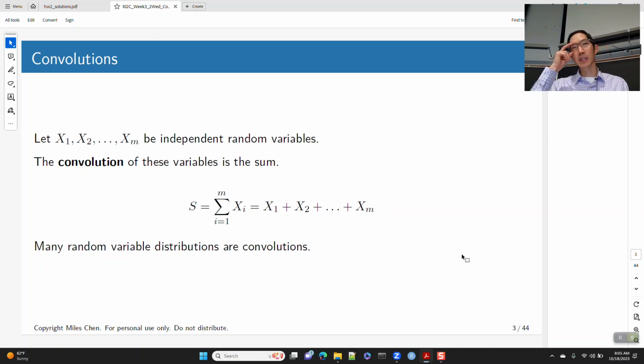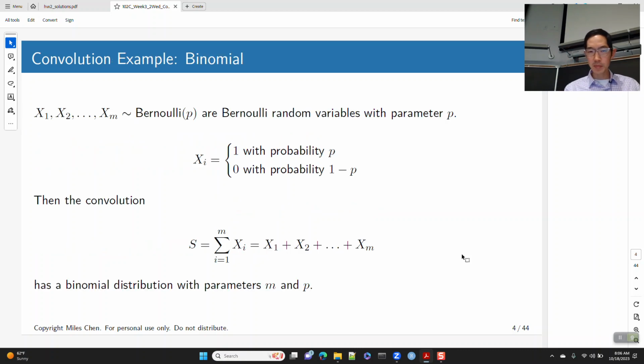All of these kinds of things give way to a lot of the convolutions that we are going to see today.